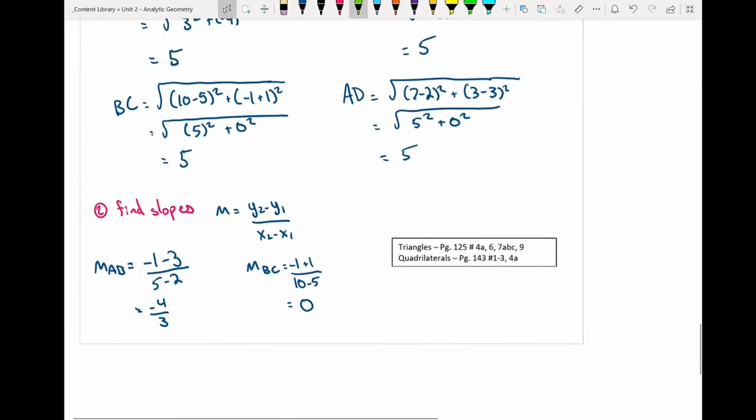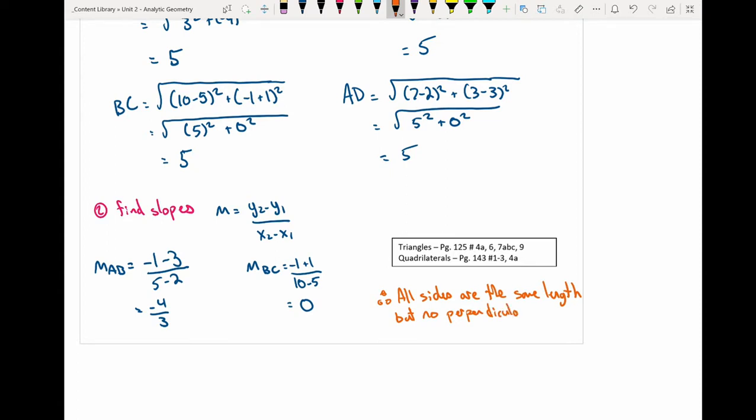So what we can say in the end is, therefore, all sides are the same length, but no perpendicular slopes.